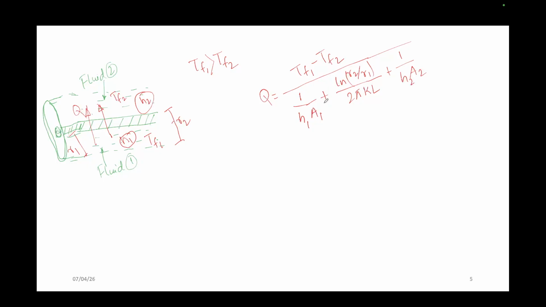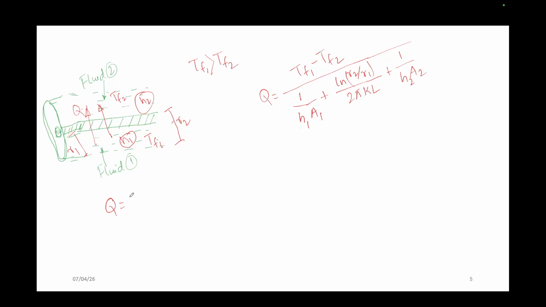So that way it is quite important. Now you just tell me one thing. What is the formula of Q? Can I write Q equal to H A delta T? You remember? Here there is H, and a conduction term is also there.